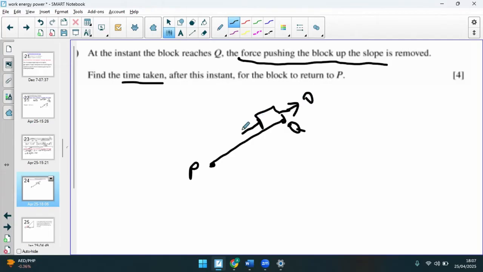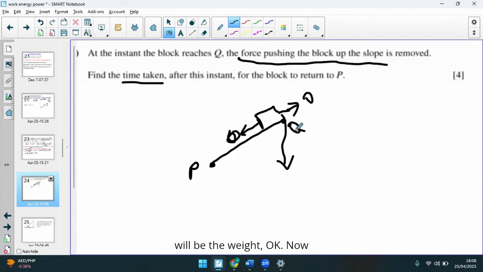And did we have a resistance? No, it was smooth. Remember in the question it said it's a smooth slope, so there's no resistance, there's no driving force. The only force acting will be the weight.